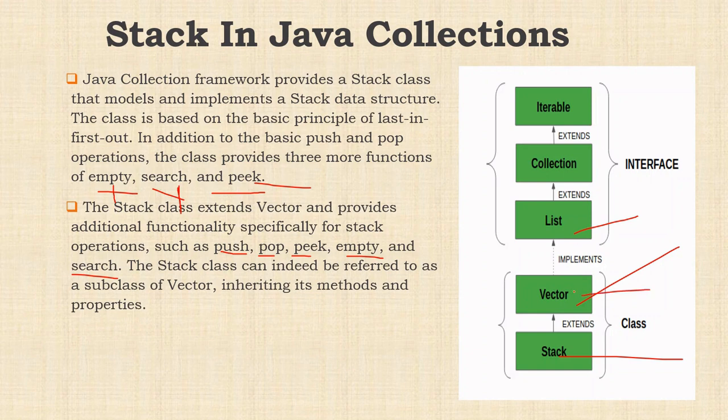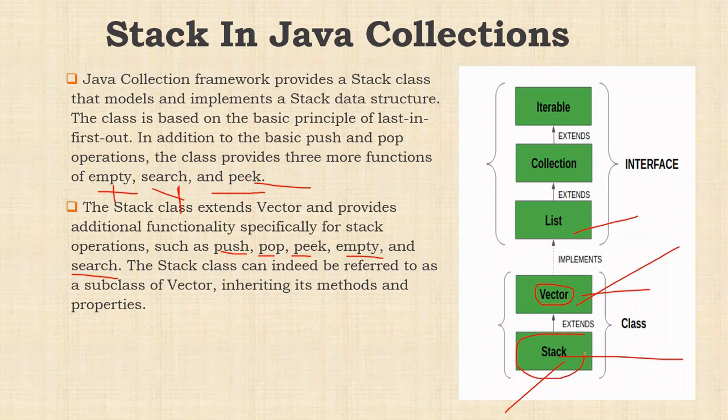All the methods available in the Vector class will be available in Stack, because Stack extends Vector. And List extends the Collection interface, and Collection extends the Iterable interface. So this is the hierarchy of Stack.